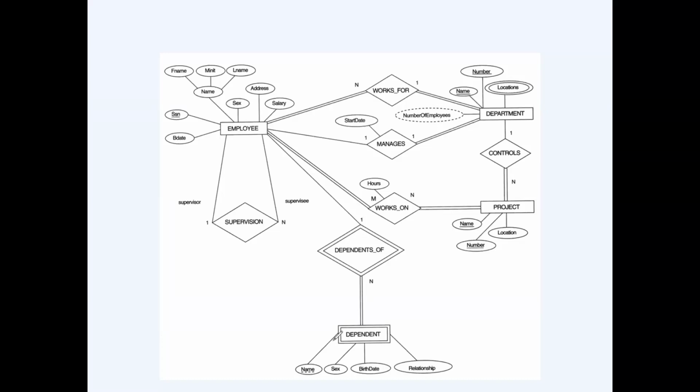Okay, now if I review, we discussed what is entity type, we discussed attributes, different types of attributes, relations, regular entity types, and weak entity types. Any questions on these, please? Because you are going to get a small exercise.